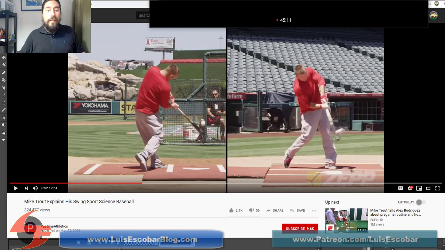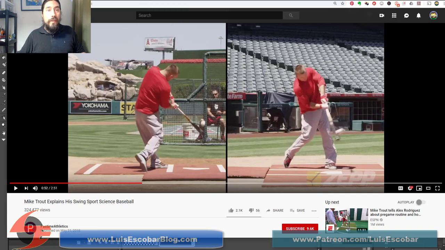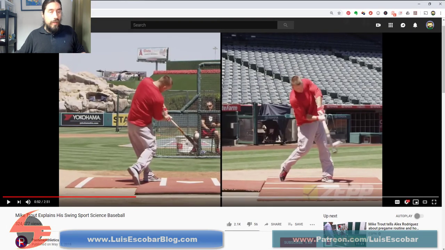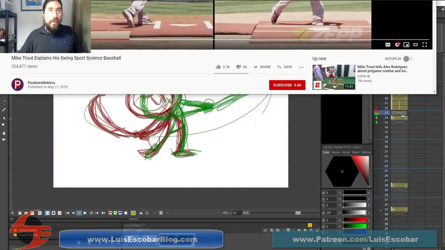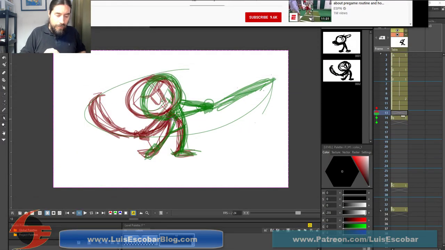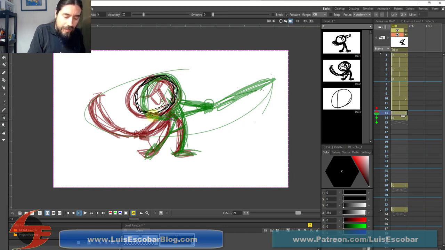Let's take a look at it. We want that. And the tricky part here is that you don't actually want to draw the contact when it comes to something like this. You want to pretend there was a contact, but you don't actually want to draw the contact. If you draw the contact, it slows down the motion.